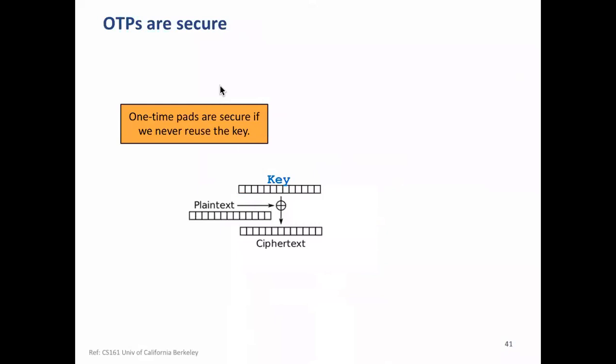So we have achieved a lot. What we want to achieve now is improving efficiency, and the corresponding mode is called CTR mode. We notice something from the OTP, the one time pad, and use that knowledge.